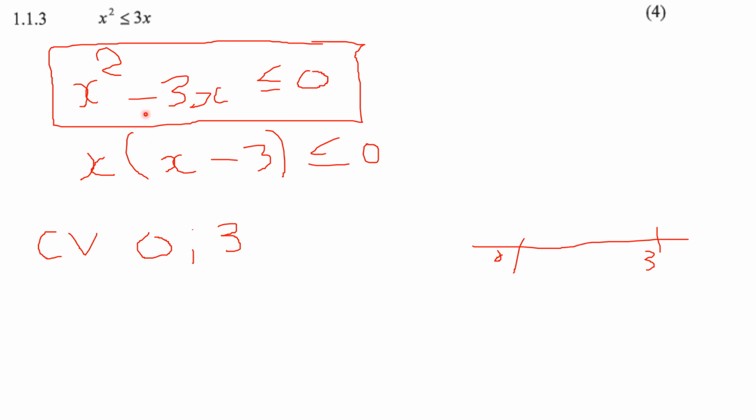You check to say the coefficient of x squared is positive here, and therefore you're going to draw your parabolic graph, because the equation that you have here is a quadratic equation, and a quadratic is a parabolic function. So you're going to draw a concave up. Why we draw a concave up is because the coefficient of x squared is positive. That's the first thing that you check, and that's the first thing that you do.